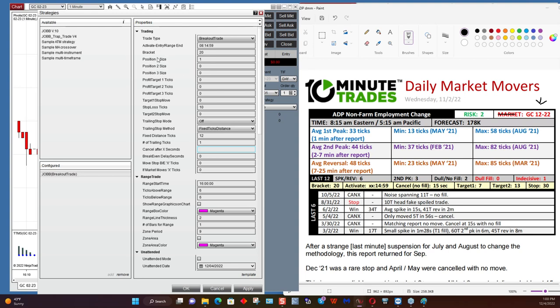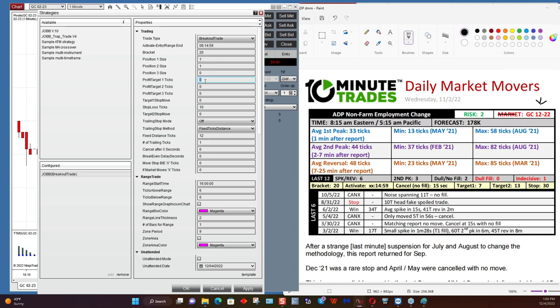But we have 2 targets, right? So the average trade, you could put a position in for position 1 in each. Position 1 equals 1, position 2 equals 1. That means you're trading 2 contracts. Target 1 is a 7. Target 2 is a 13.